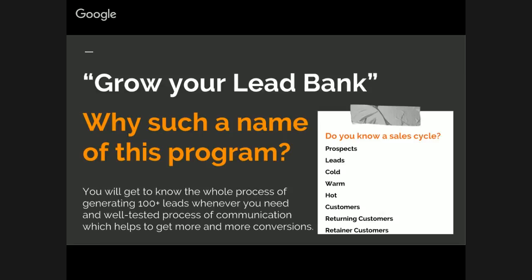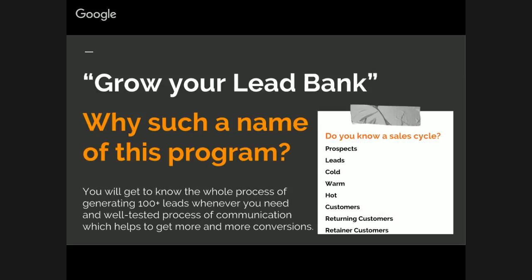Please allow me. In my terms, I have defined the sales cycle in a few divisions, or components, or you can say actors, in a sales cycle. There are prospects, there are leads, and leads are further divided into cold leads, warm leads, and hot leads.